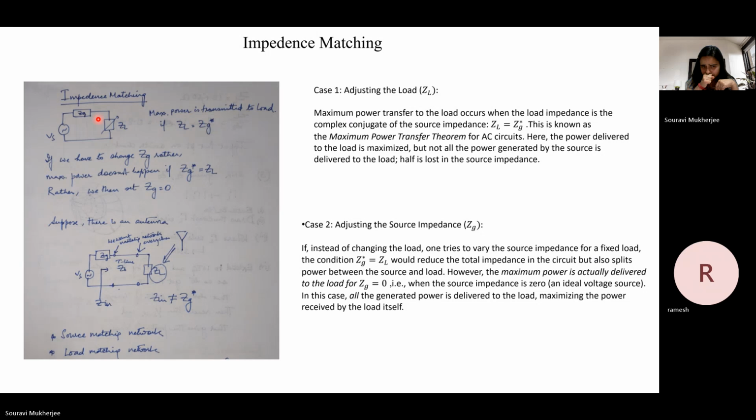Then take the derivative of power with respect to impedance, set it to zero, and take the second derivative, del squared P by del R squared. What you find is that for a certain ZG, which is your impedance at the generator, the maximum power occurs if your load is the complex conjugate of the impedance.